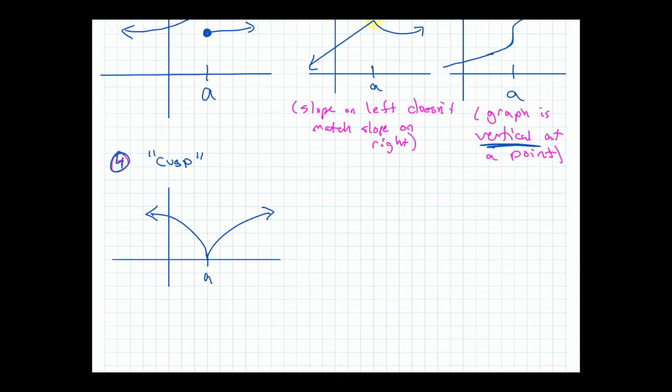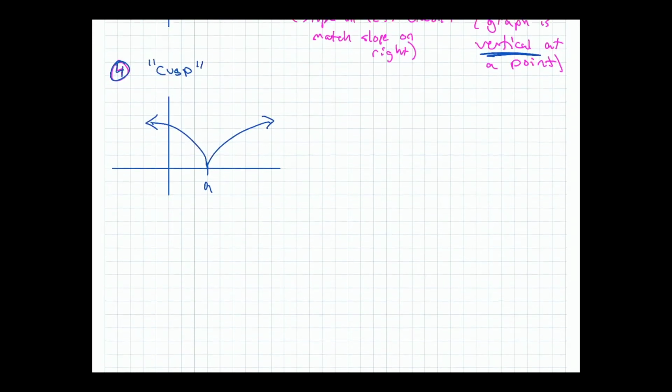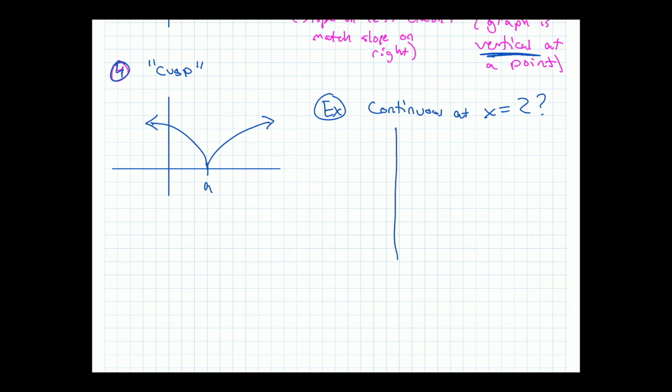Also be aware that there are many kinds of discontinuous graphs. I drew a jump discontinuity for this graph, but they're not always jump discontinuities, right? So if I have an example, I'd say, continuous at x equals 2? Oh, sorry, differentiable.